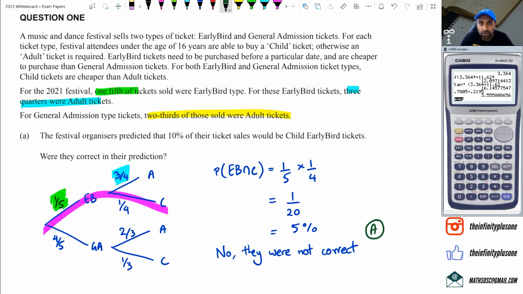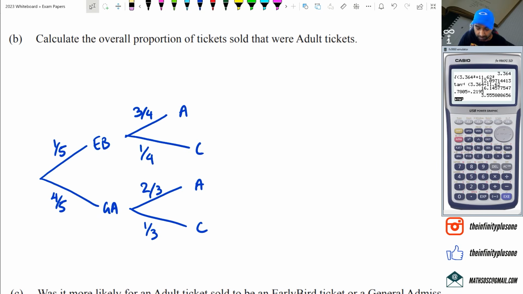All right, second question of this. Part B of this question is we've got to calculate the proportion of tickets that were adult tickets. So that means we are looking at this branch and also this branch here.